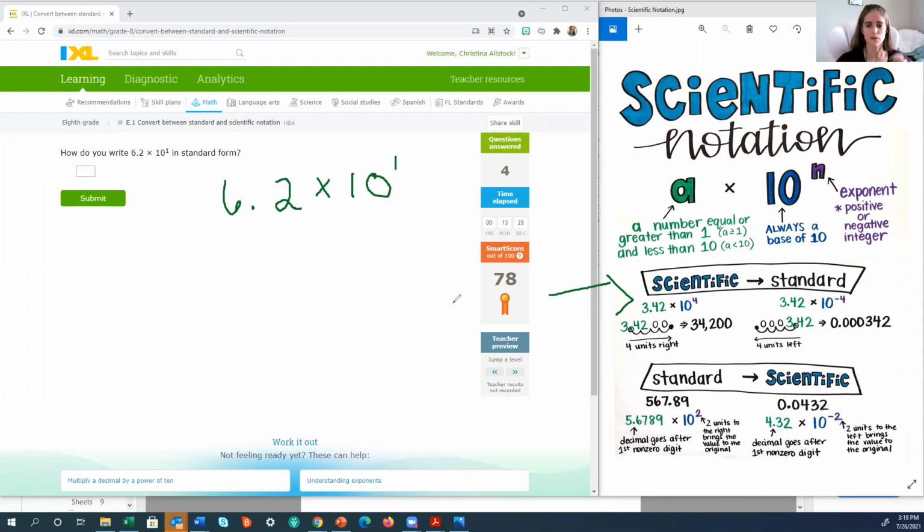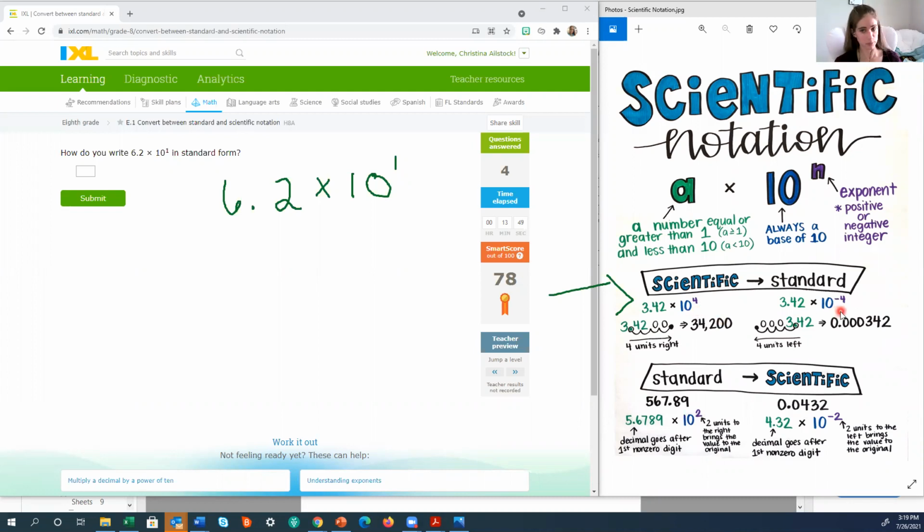All right, if we're given scientific notation and we're converting to standard, that means we need to look at that exponent and that will tell us how many times to move the decimal place. It'll also tell us which direction, because if it's a positive exponent, remember it's a large number, and when we're converting out of scientific notation, we go to the right.